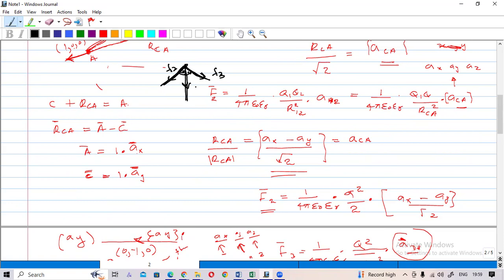So the resultant of these 2 is added to this one. So you will have it in this direction. No? So you can verify that our answer is correct.